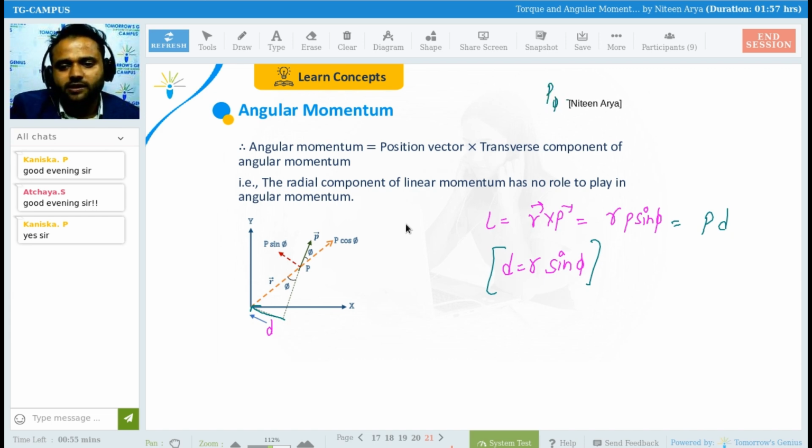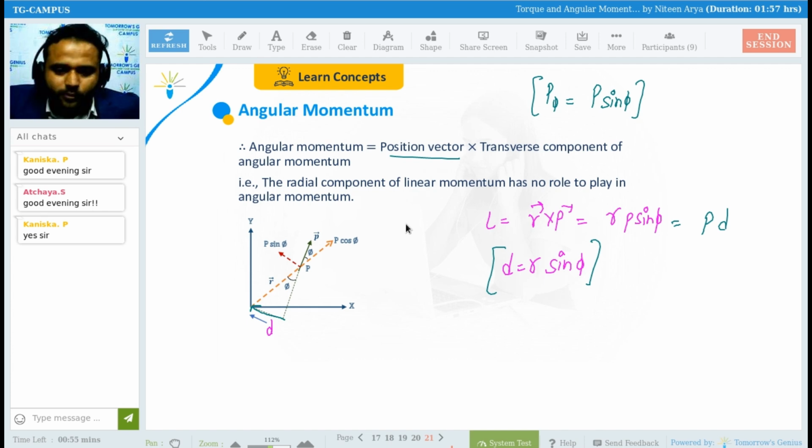P phi is basically the transverse component of momentum, which is p sine phi. Clear, beta? So angular momentum is the position vector into the transverse component of momentum, p phi. The transverse component of momentum is p sine phi.